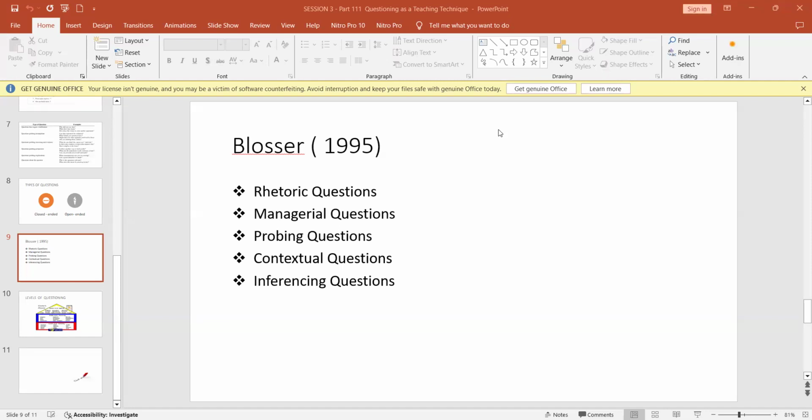Right. Contextual questions and inferencing questions. We can take the two together and discuss. Contextual questions means cut and paste answers. There are cut and paste answers directly from what they listen to, what they read, and all that. For example, you talk about Sigiriya, and then you ask questions: where is it situated?